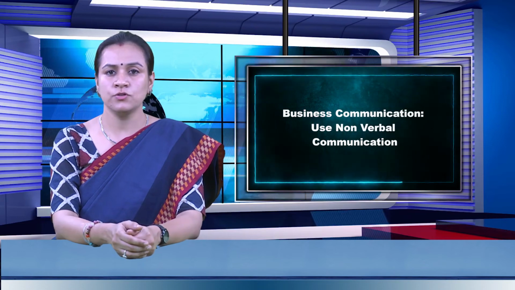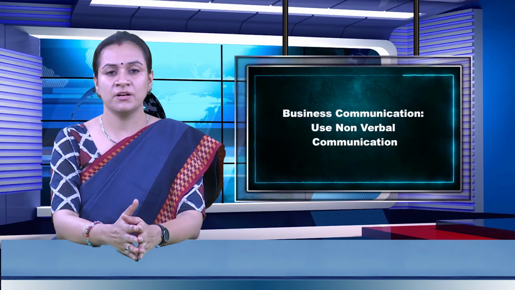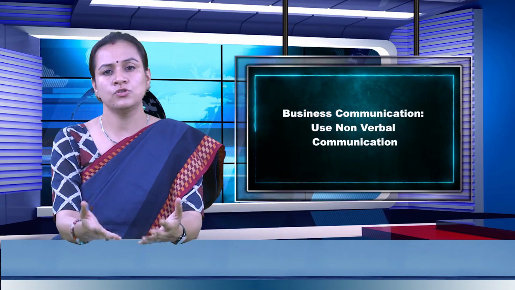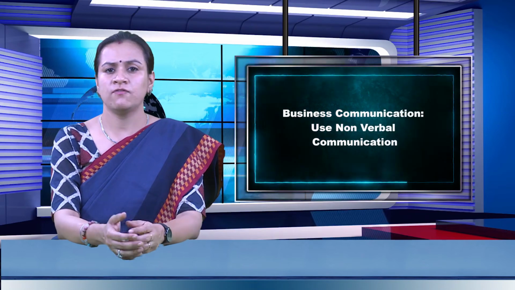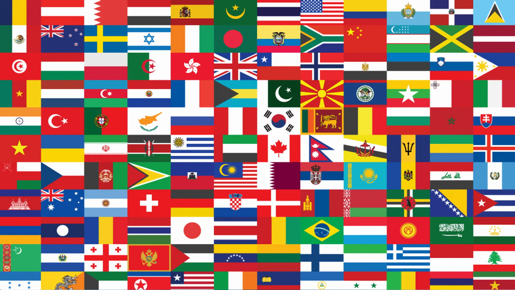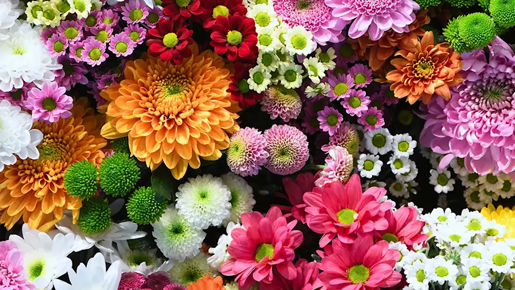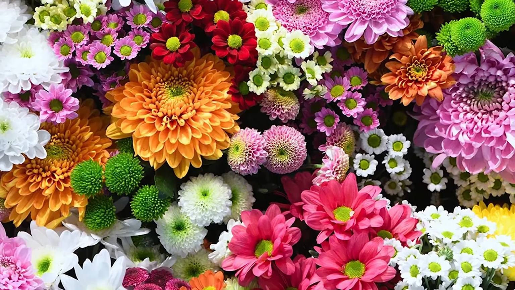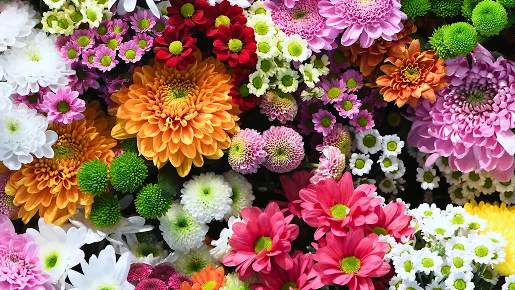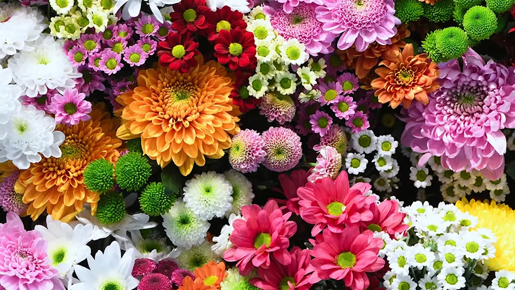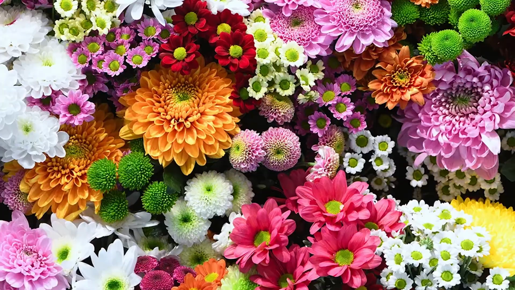Lights are also used to indicate whether somebody is in or out, or to mark the celebration of a special occasion. Colors of flag, white or black, and the colors of flowers in a vase or a bouquet speak volumes about the feelings of the communicator.